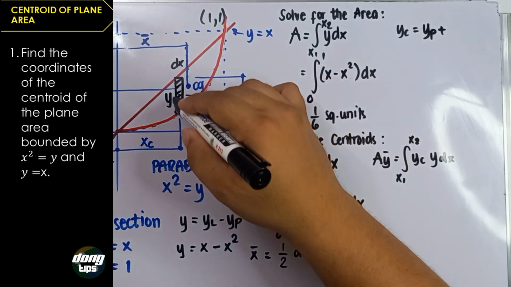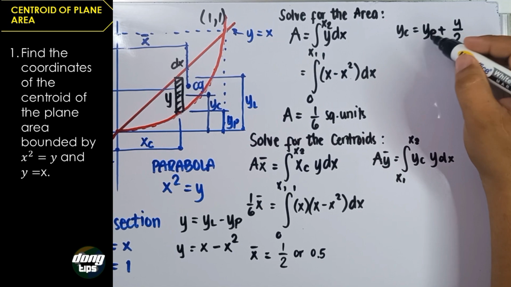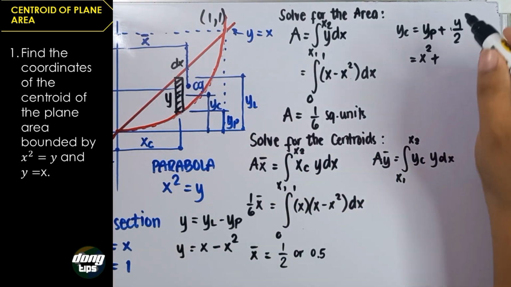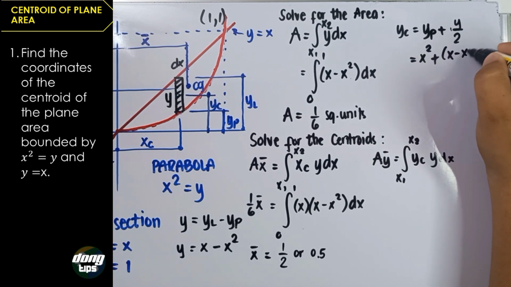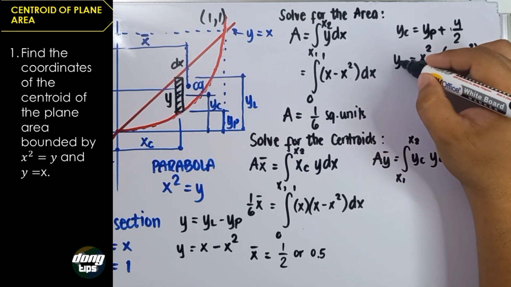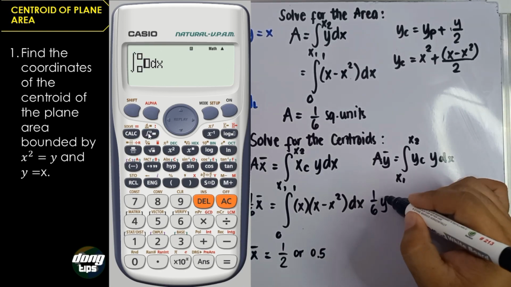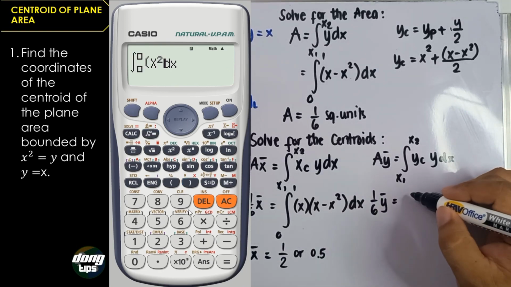Now, yc needs to be expressed in terms of x. From the figure, yc is equal to y of the parabola plus 1/2 of y. Substitute the value of y of the parabola and the value of y, and we get the value of yc. Back to the solution, substitute the value of yc and y.